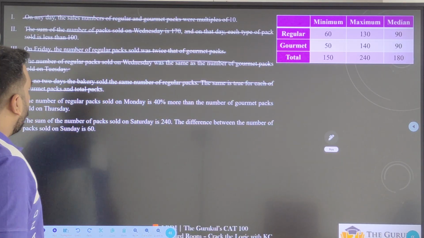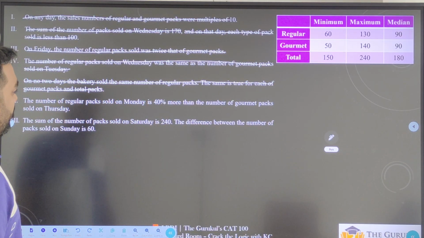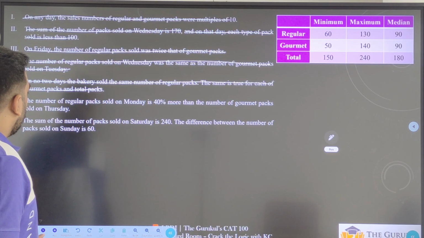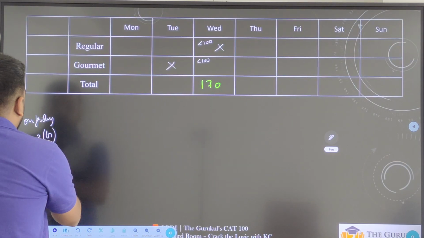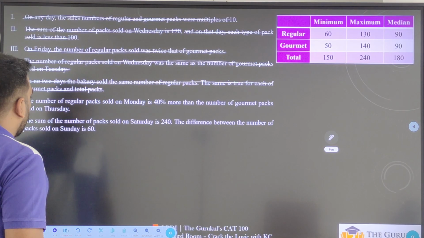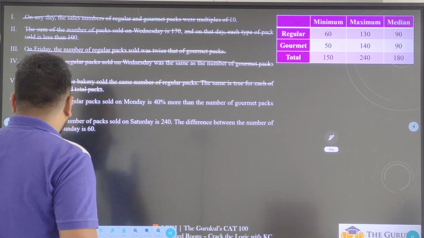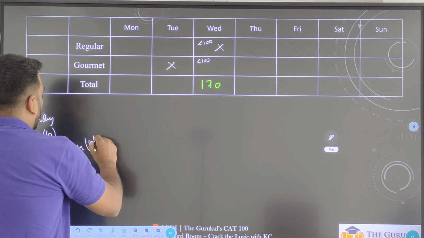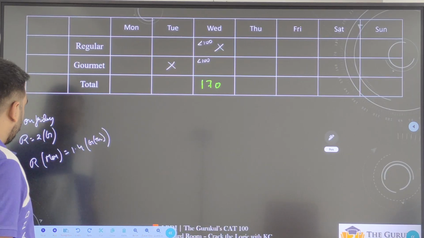Very good. The number of regular packs sold on Monday is 40% more than that of the gourmet packs sold on Thursday. So regular packs on Monday is 40% more than, which means 1.4 times, the gourmet packs sold on Thursday.